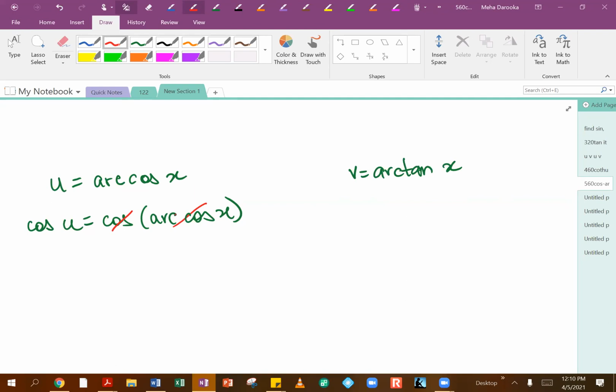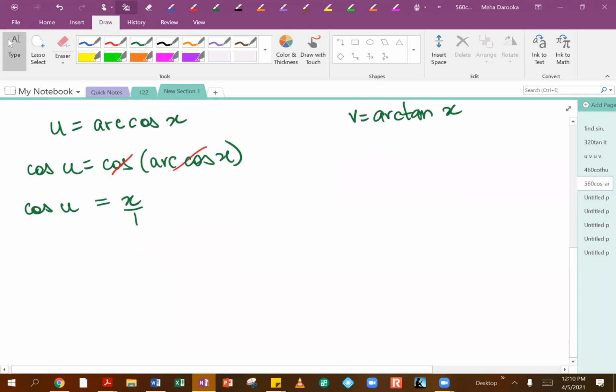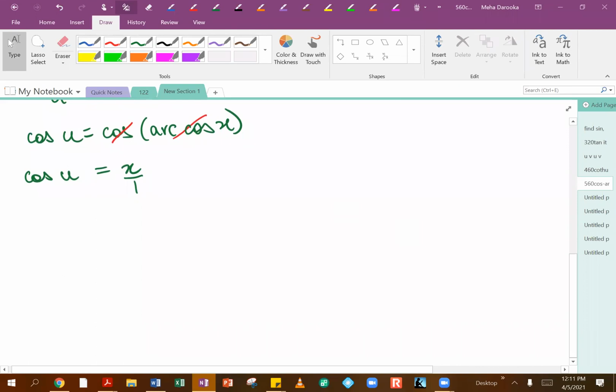Of course, x has to stay in the domain of the cosine function for this to work, but this would come out to be cosine of u equals x, which we can think of as x over 1. So we can then use that in our little right triangle.